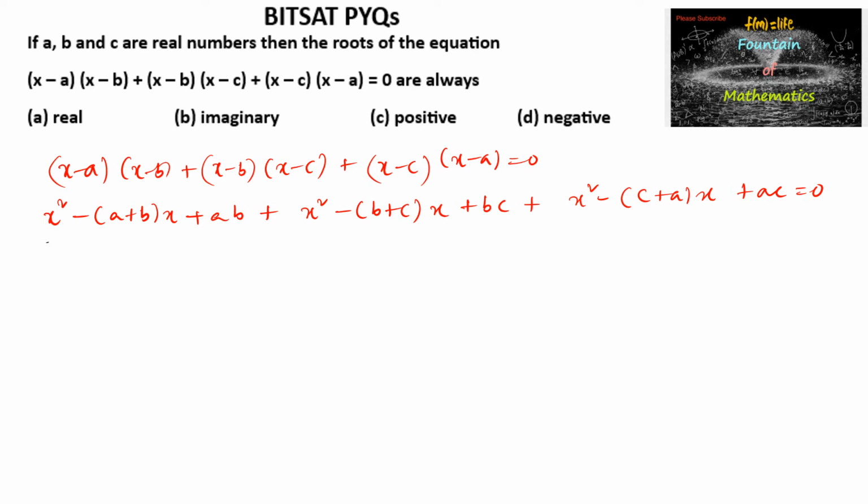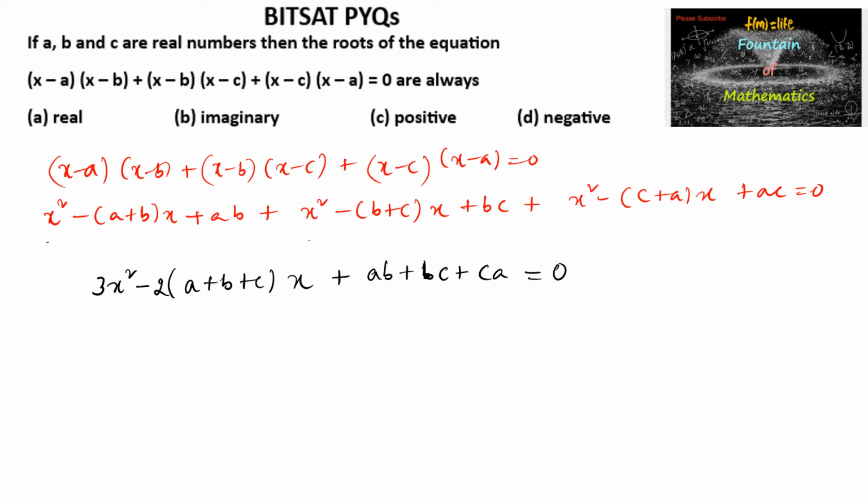So 1x², 2x² and 3x² here, and the x coefficients are −(a+b), (b+c) and (c+a), that is −2(a+b+c)x, and the constant terms are ab + bc + ca, which is equal to 0.